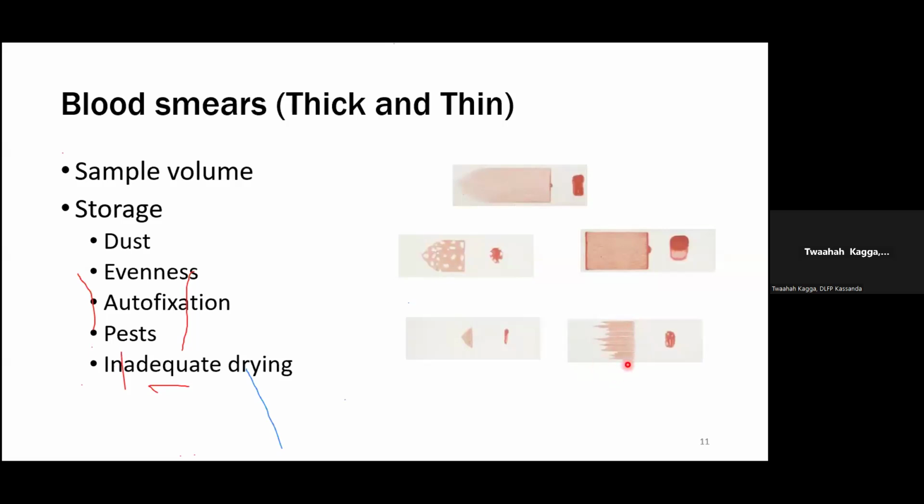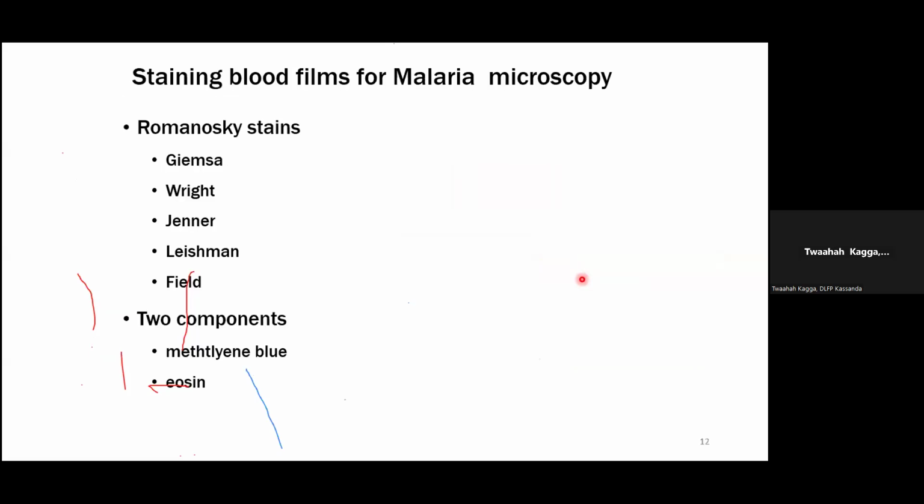That's why the thin film appeared feathery. And when I bring you back to this thick film here, the thick film was not evenly dried. That's why blood tended to move to one side. So when we're making smears, we should consider those items of sample volume, then the quality of the slide and the spreader, then the evenness of drying.